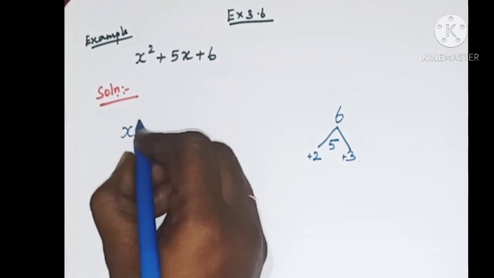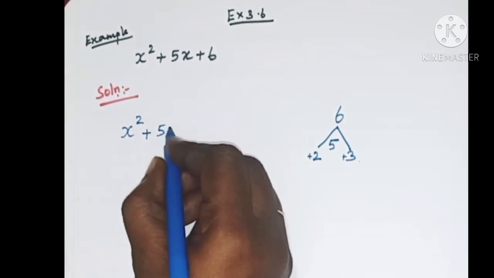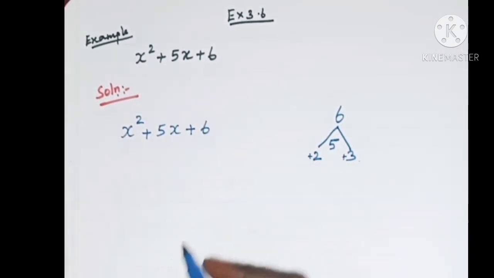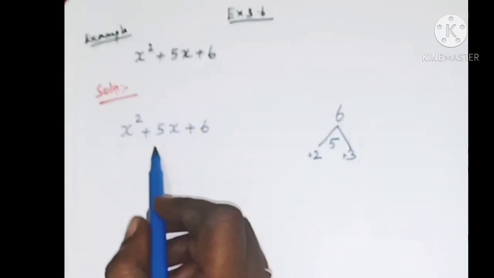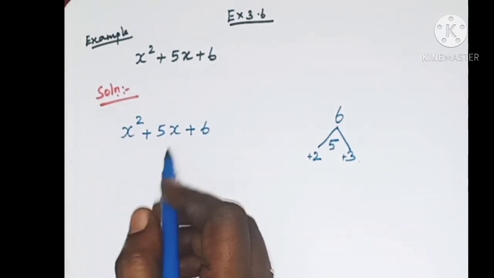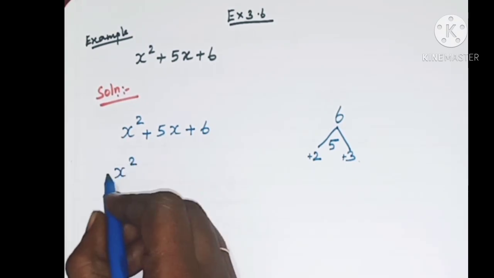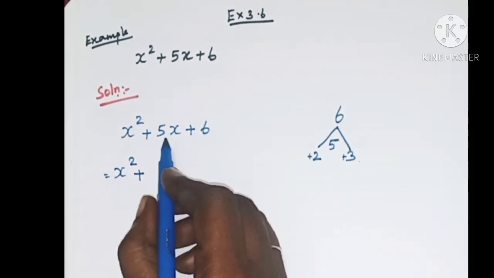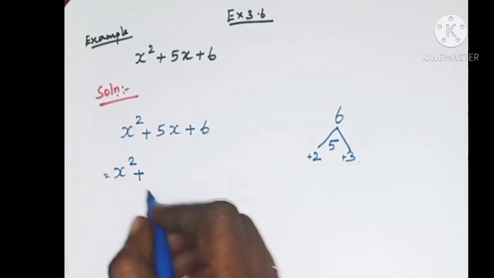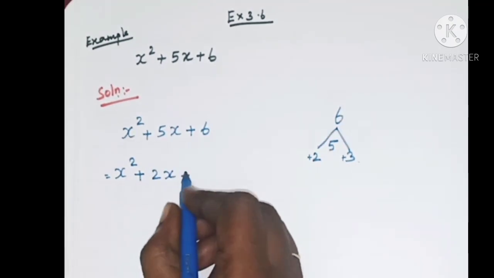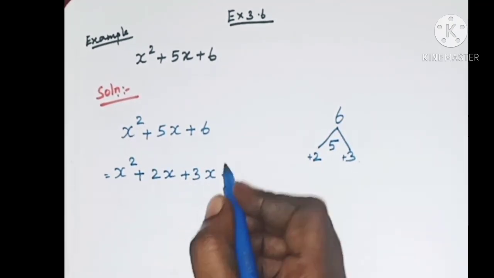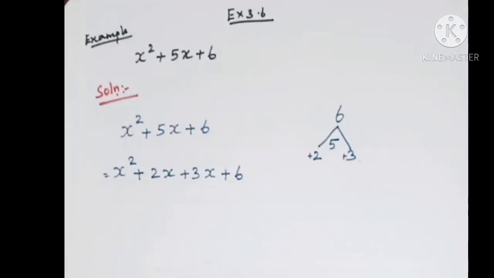Now write that expression x square plus 5x plus 6 as it is. Now we have to split the middle term into two terms. So 5x can be split into 2x and 3x. So x square plus 2x plus 3x, and the last term is 6.